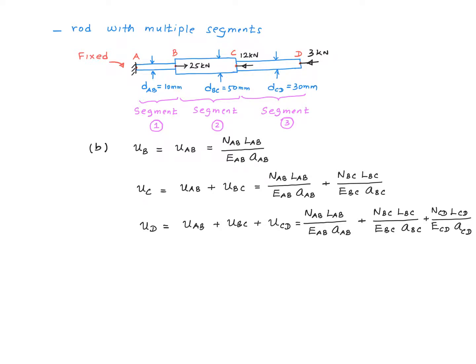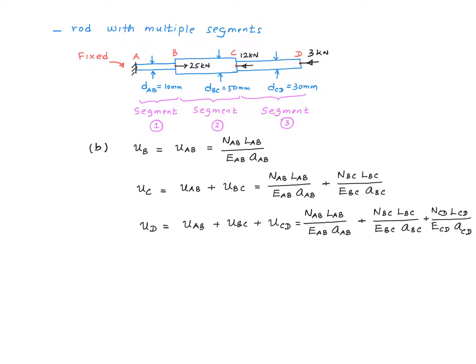Displacement of point C is the deformation of AB plus deformation of BC. So we get this. And displacement of point D is going to come from the deformation of all three segments. So we get this long equation for that.